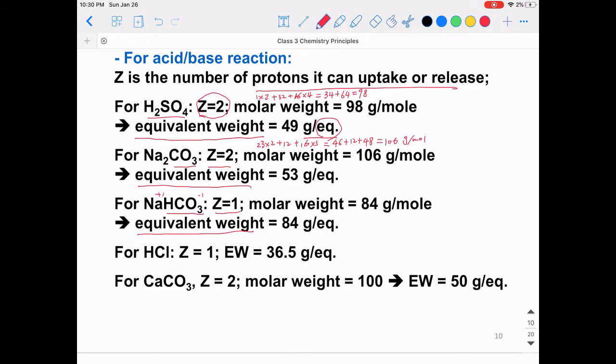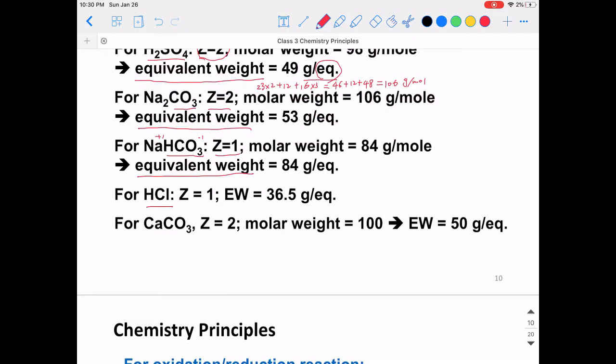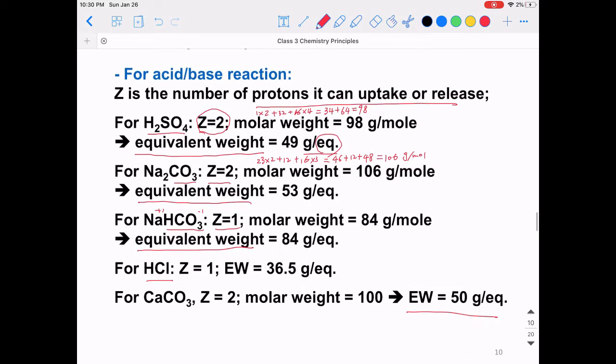And for the hydrogen chloride, we have Z equal to 1, and then the equivalent weight equal to 36.5. And the calcium carbonate is going to give us an equivalent weight of 50 per equivalent. So with the definition of the equivalent weight, we can calculate what normality really means.